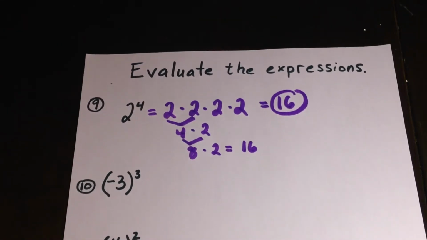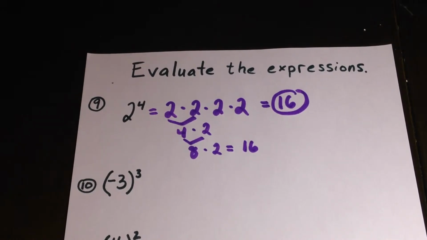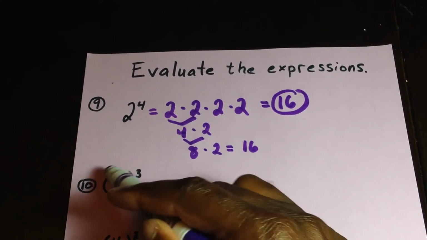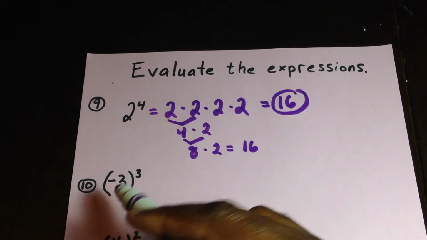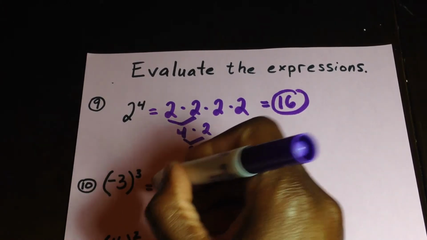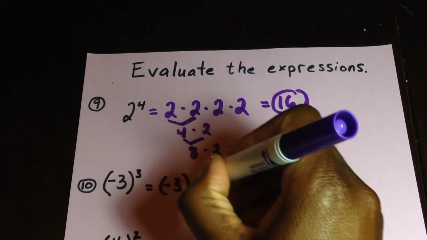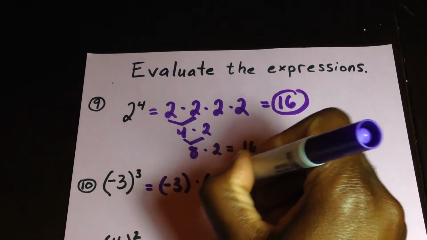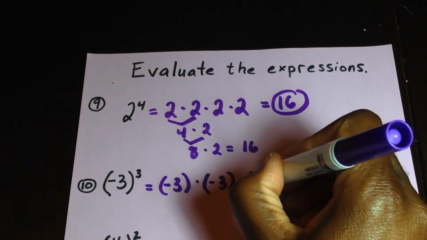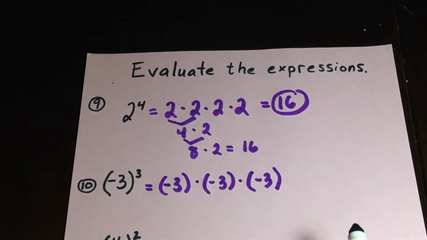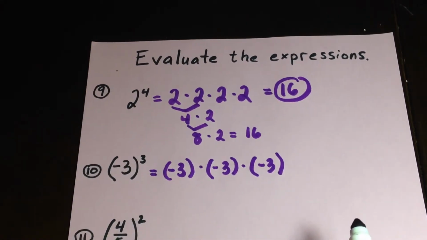Let's try number 10 now. For number 10, it's (negative 3) to the 3rd power. Remember, inside the parentheses, the base is negative 3. So let's write this out in expanded form as negative 3 times negative 3 times negative 3. Then we take it step by step.